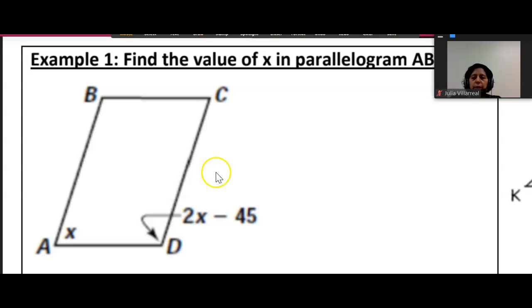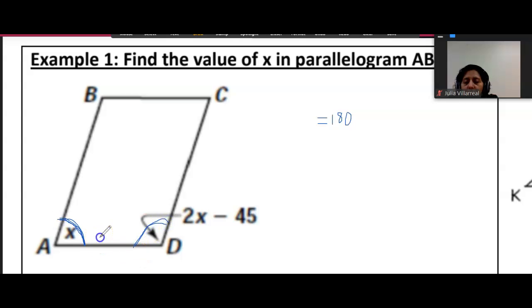Remember, consecutive angles. So this angle and this angle, they're right next to each other. So they have to add up to 180 degrees. See how they're right next to each other? Angle A and angle D have to add up to 180. Angle A and B, the ones right next to each other, are supplementary angles, so they will add up to 180.